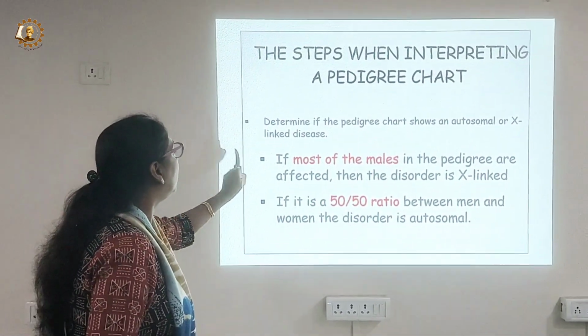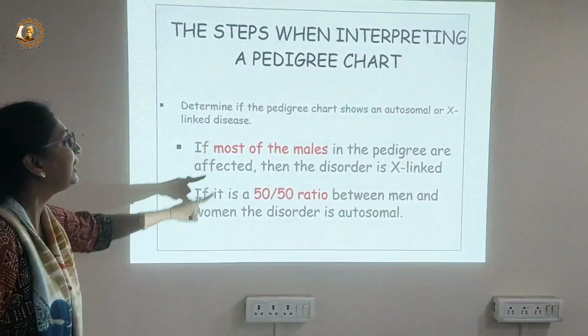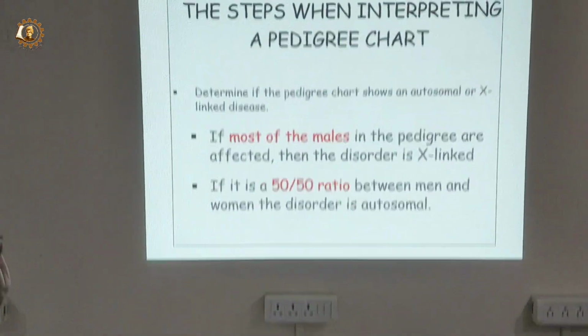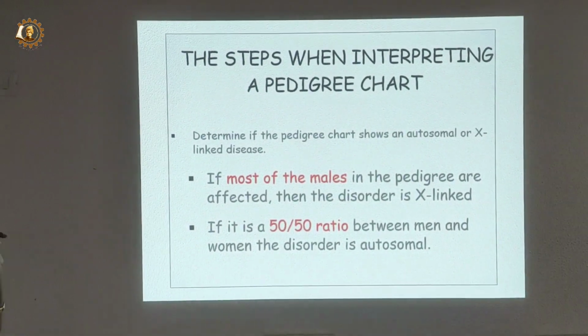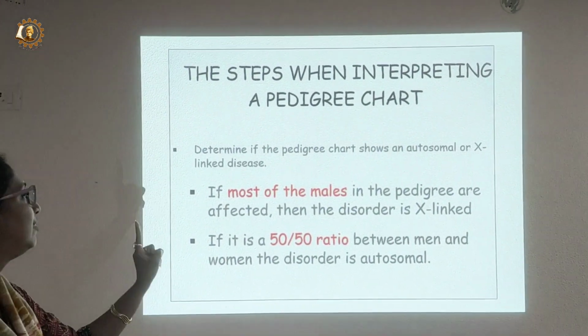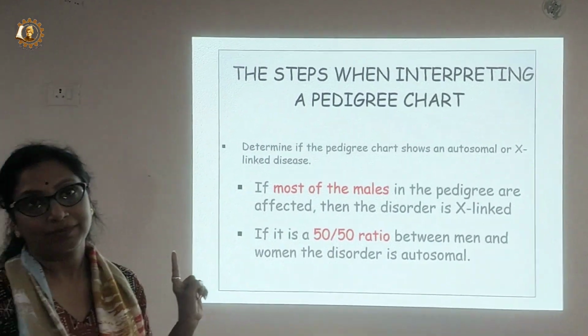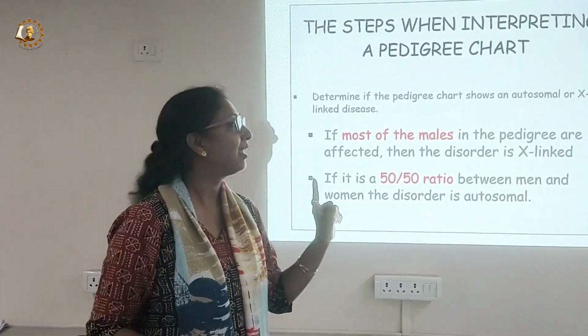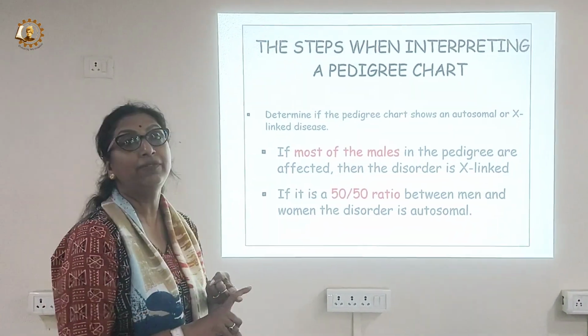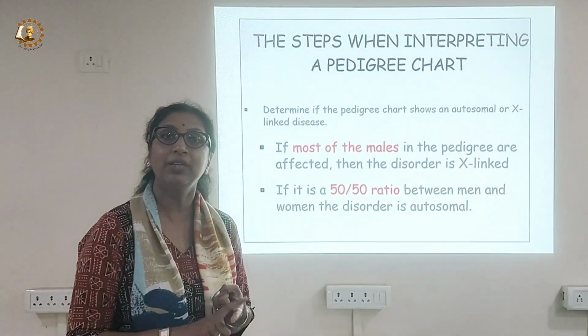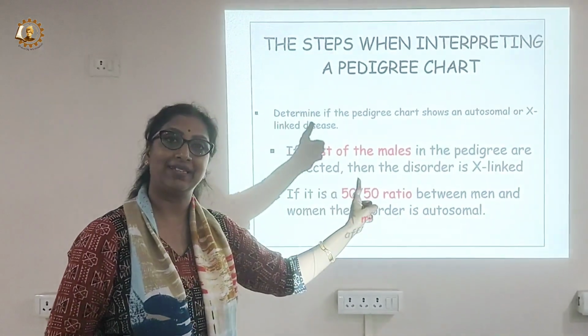The most important thing is that in case of X-linked disorders, most of the males in the pedigree are affected. Please remember this: most of the males in the pedigree are affected whenever the disorder or mutation is related to an X-linked gene.